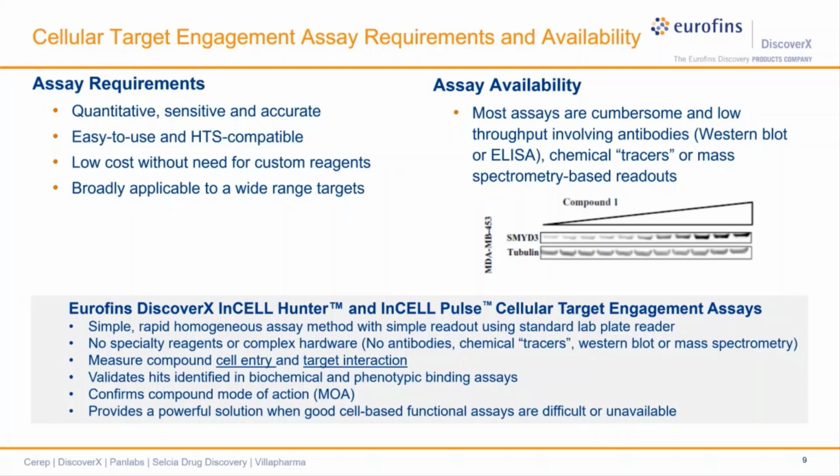No specialty reagents or complex hardware are required, and they allow measurement of compound cell entry and target interaction, allow validation of hits from biochemical and phenotypic screens, and can be used to confirm a compound's mechanism of action, and overall provide a powerful solution when good cell-based functional assays are difficult or unavailable.